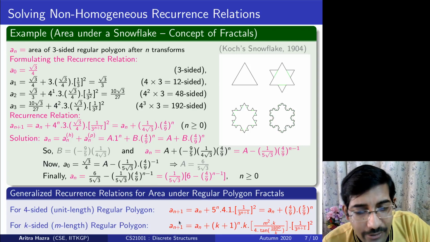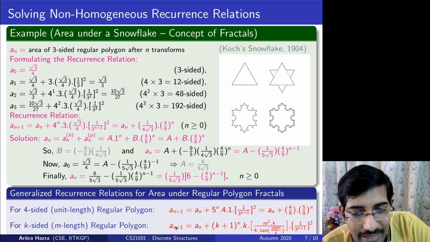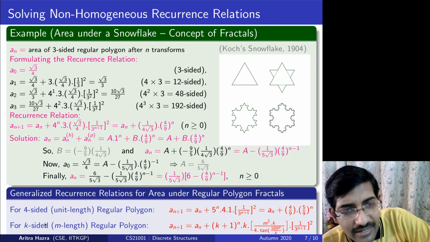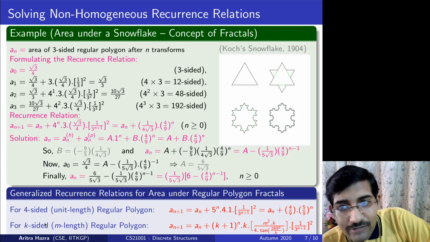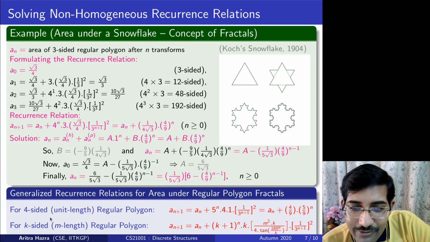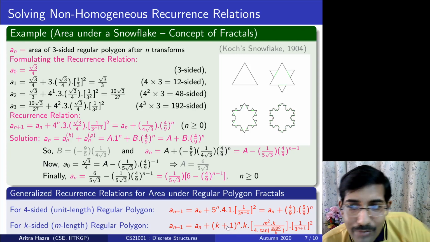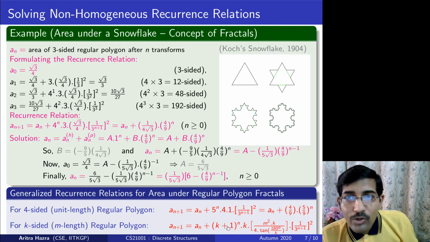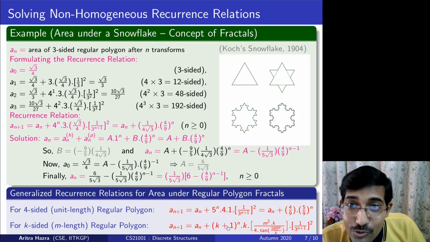Try to figure out one thing: based on this recurrence, this is the area, right? So if my k tends to infinity, then it's almost a circle, right? A k-sided polygon, if I have an infinite-sided polygon, it's a circle. So if k tends to infinity, can you see your snowflake area, for any n? If you have an infinite polygon or a circle, there are no edges to break.